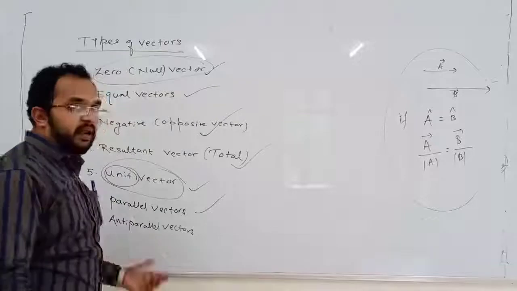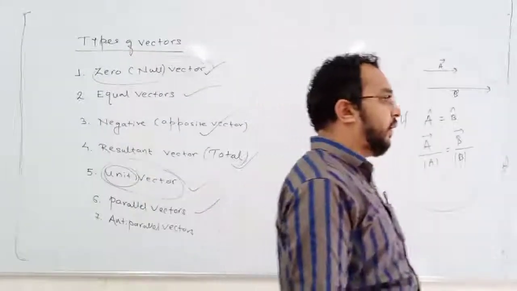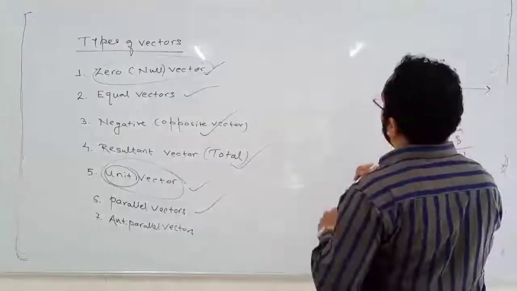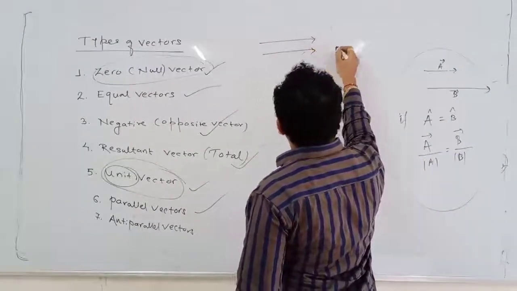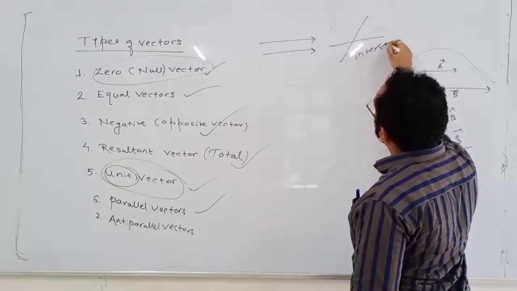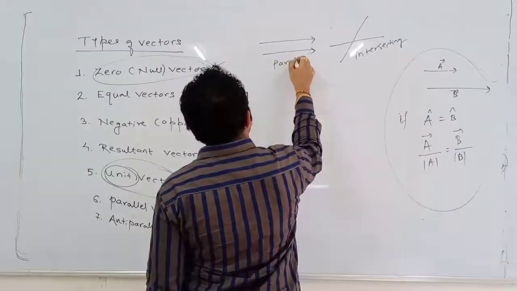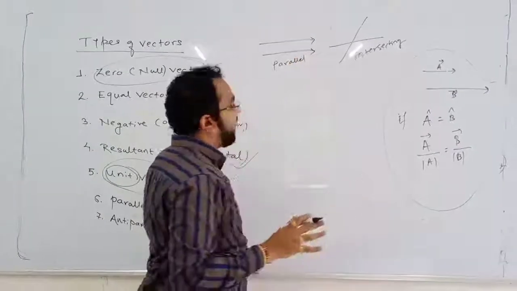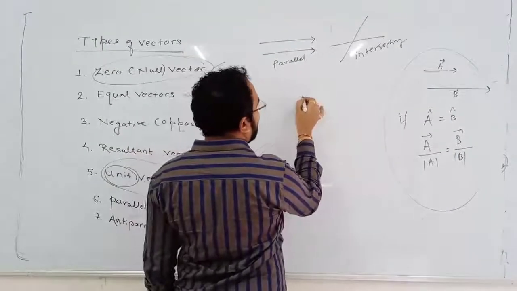Then what is anti-parallel? Anti-parallel is not intersecting. See, these are parallel. This is intersecting. This is parallel. And what is anti-parallel? तुम्ही म्हणणार सर फसवताय ते पण पॅरललच आहे की.